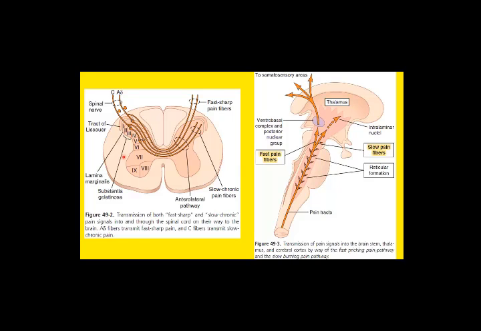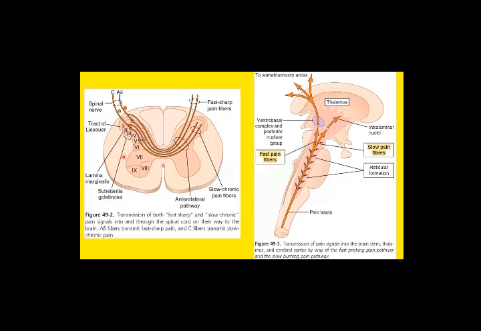And these pain pathways are the ascending pathways. You must have discussed the anterolateral spinothalamic ascending pathway. We discussed previously that the lateral spinothalamic tract is responsible for transmission of the sense of pain and temperature, and the anterior spinothalamic tract is responsible for transmission of the sense of crude touch.